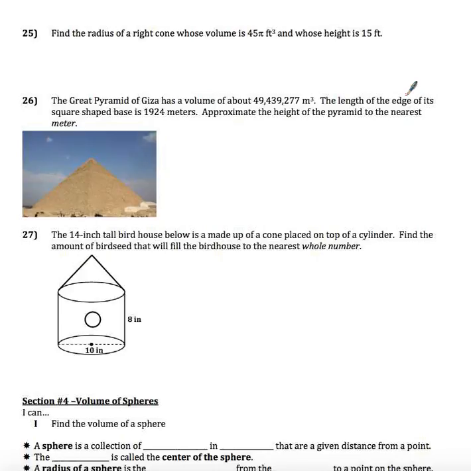On number 25, it asks us to find the radius of a cone whose volume is 45 pi feet cubed and whose height is 15. So this one doesn't give us a picture, so we should try to draw a picture.